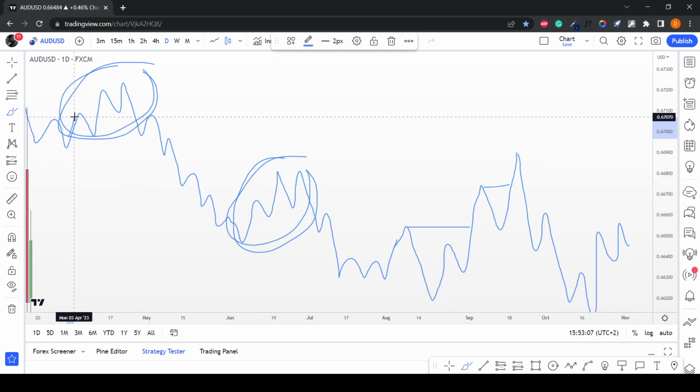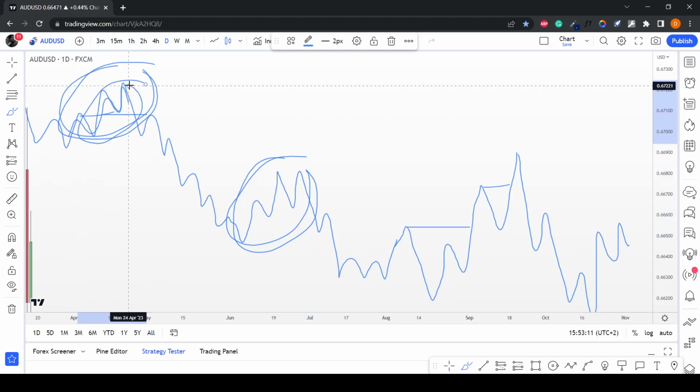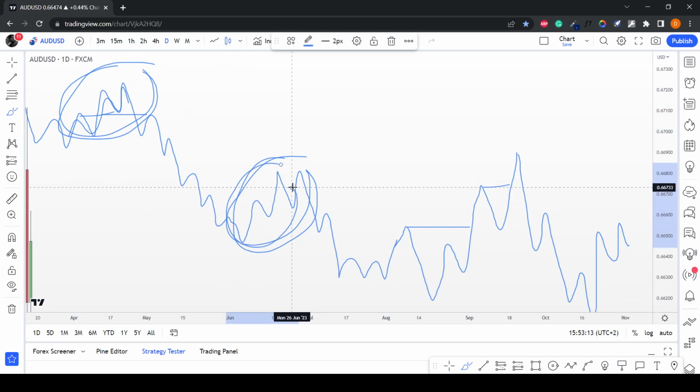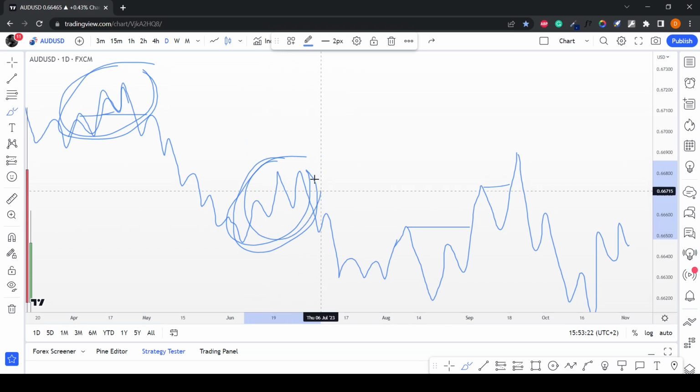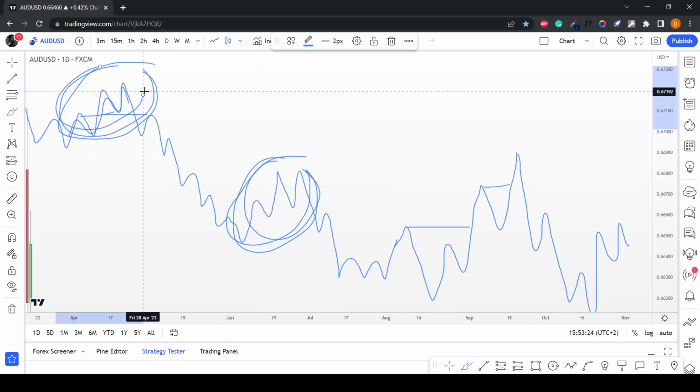So the market started, and a lot of people can consider this as the start of a bullish trend, or this one, and then maybe on the third cycle it can perform an accumulation. These cycles can be repeated many times, but usually not more than 5 or 7.